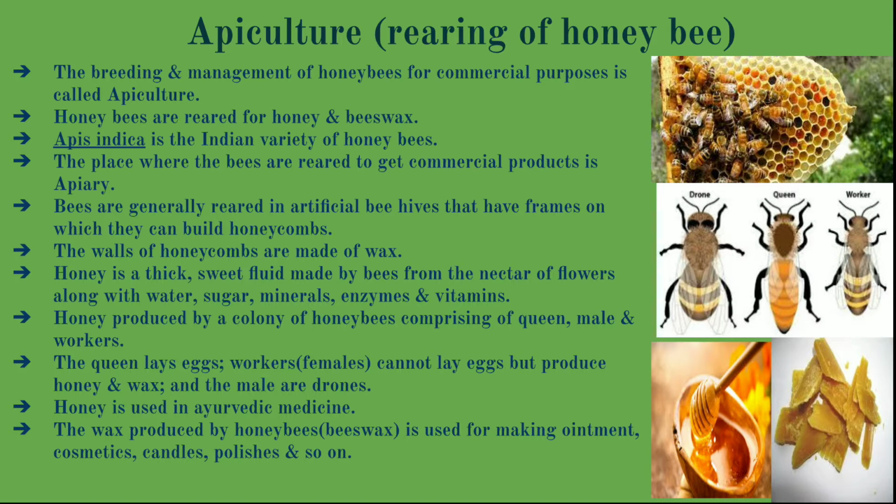Apiculture is the rearing of honeybees. It's the breeding and management of honeybees for commercial purposes, that is known as apiculture. These honeybees are reared for both honey and beeswax. The Indian variety of honeybees which is used for this apiculture is Apis indica.